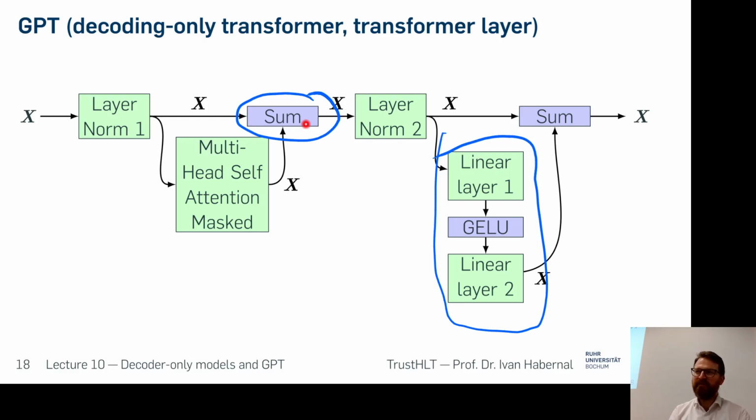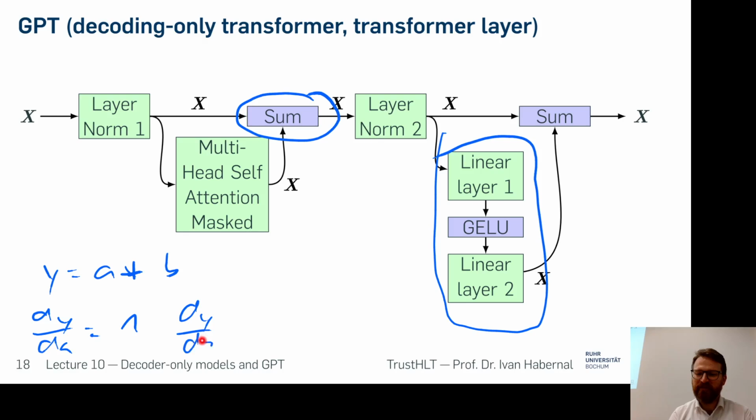Isn't it even simpler? Let me see. We have y equals a plus b. So what is dy with respect to dA? What is dy with respect to dB? So okay, we have local derivatives here. The derivative from here to here will be 1, and the derivative from here to here will be 1.